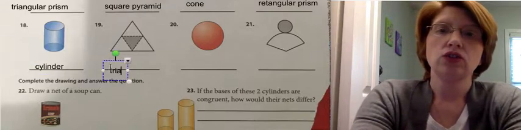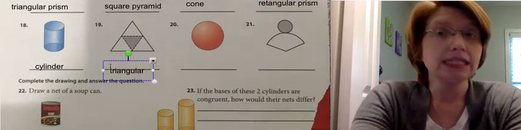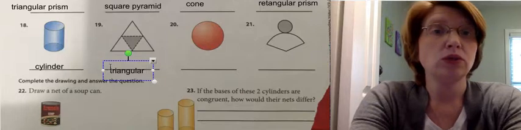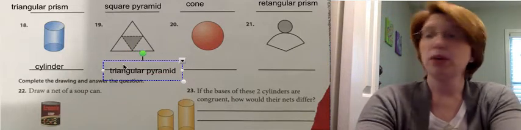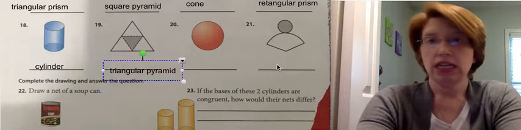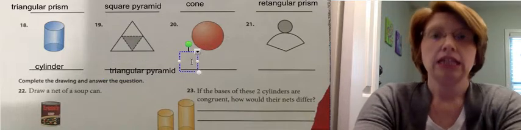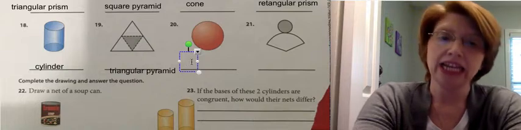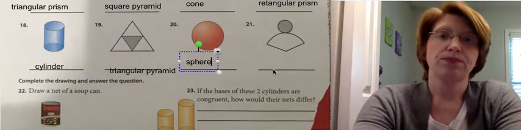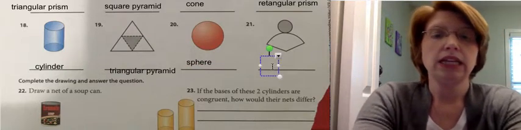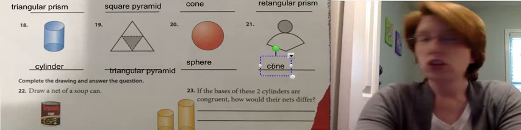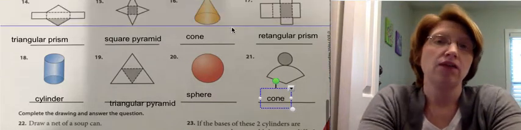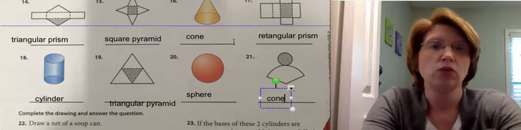This one has a triangular base, and it's going to come to a point, so it is a triangular pyramid. This one is not ball, it's not circle, it is sphere. And this one is going to come to a point, so this is the net of the cone, right? If you were to cut that down.